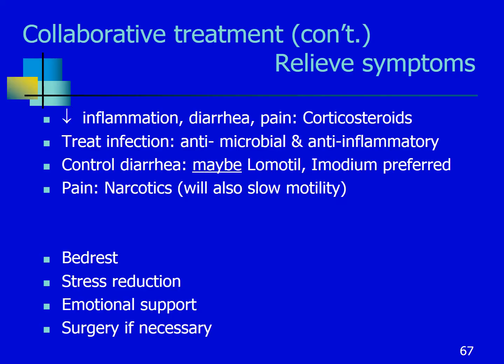Decrease the inflammation, diarrhea, and pain, treat with steroids. Treat the infection, give them anti-infectives. Control diarrhea, give them antidiarrheal meds. Put them on bed rest, stress reduction, emotional support, and surgery if it's necessary. And it's usually for ulcerative colitis.